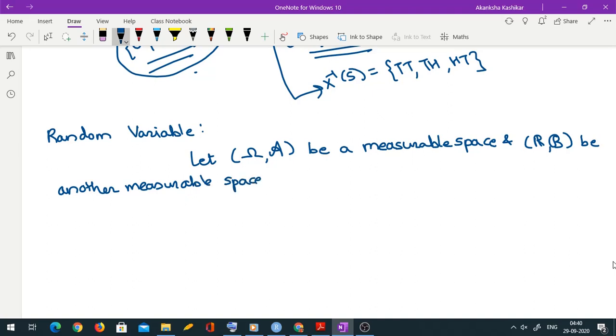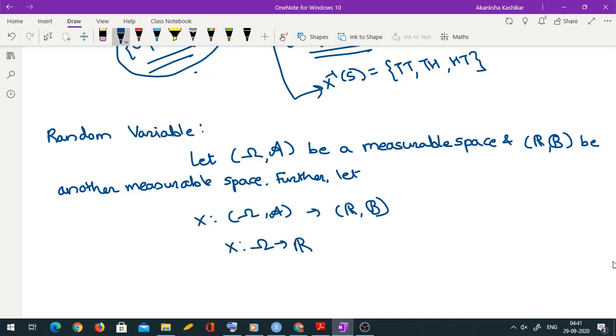R we know is the set of real numbers and script B is nothing but the Borel sigma field. Further, let X be defined from (omega, script A) to (R, script B). Basically this is the same as saying that X is defined from omega to R. The significance of script A and script B we will explain in a minute.